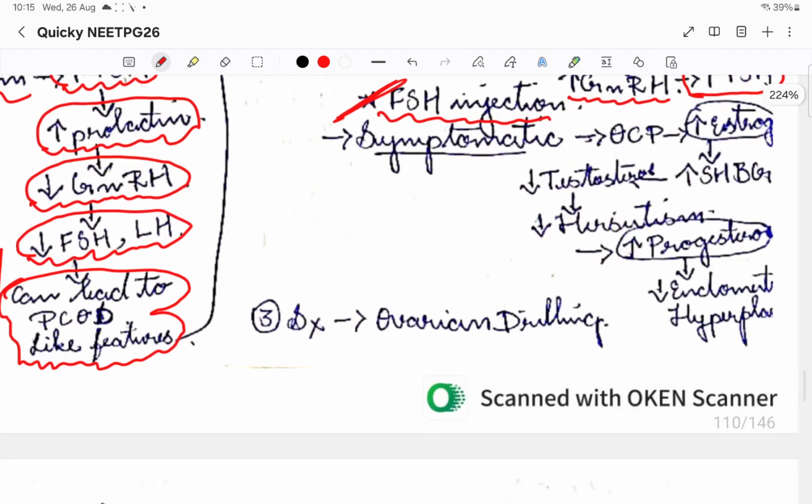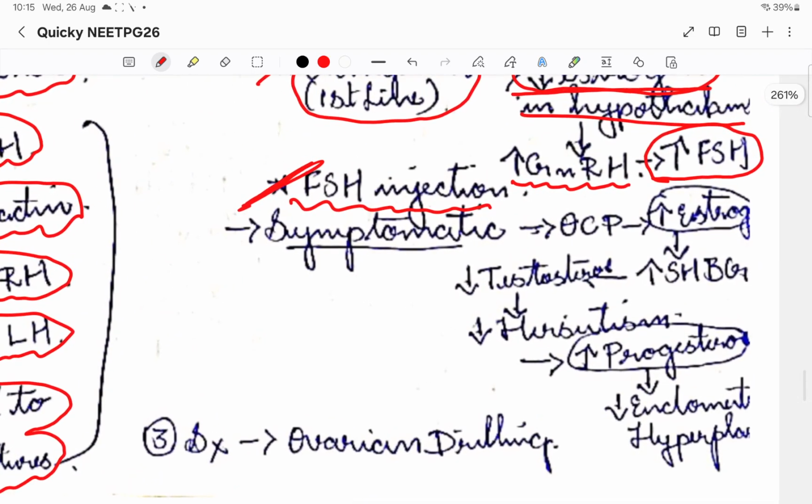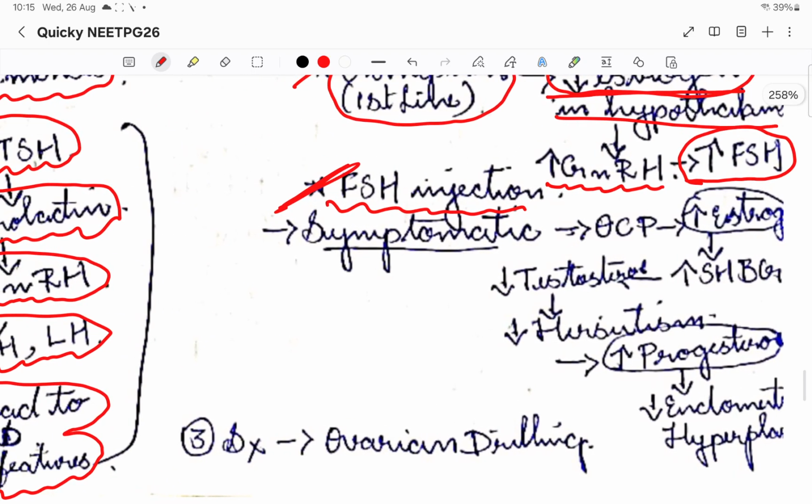Okay, in symptomatic patients, the symptomatic approach for the treatment will be OCPs. Basically, it will increase the estrogen and reduce the testosterone by increasing the SHBG. Estrogen basically acts on the SHBG. SHBG is what regulates the testosterone level in our body.